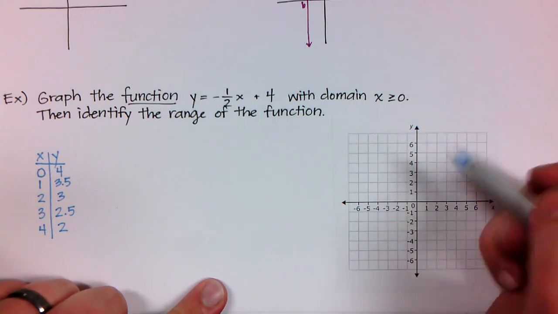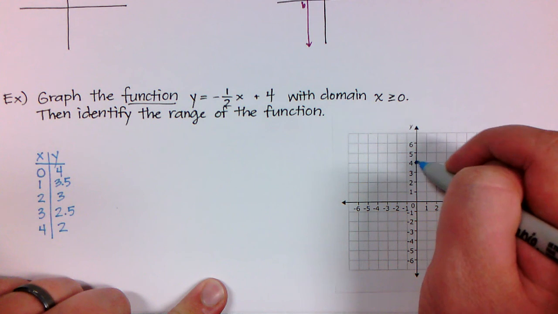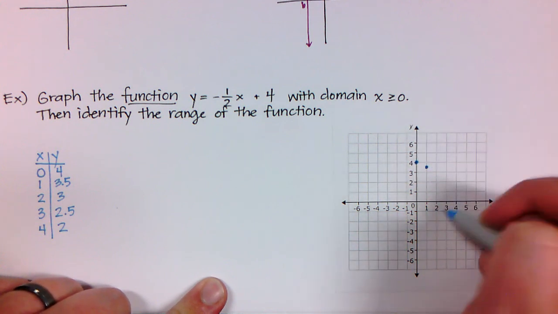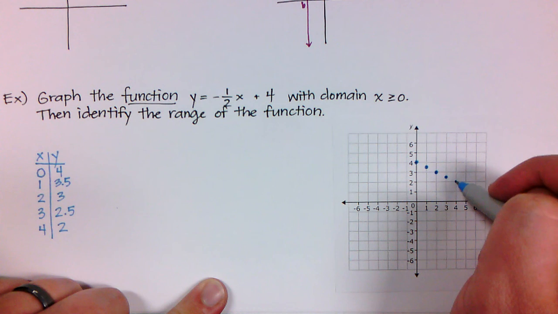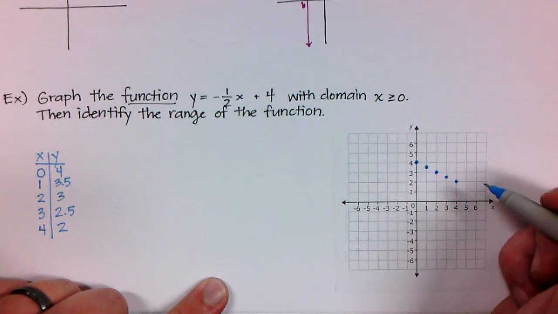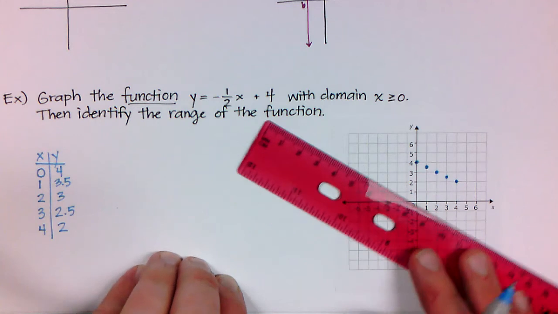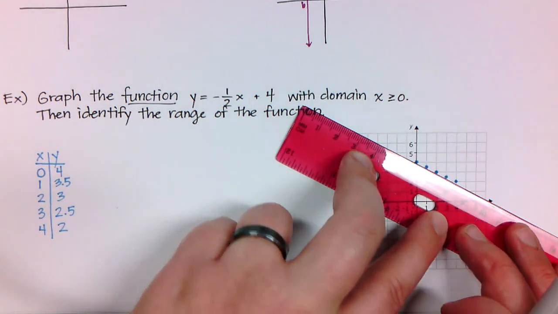Let's go ahead and plot them on the graph. 0 up to 4, 1 up to 3.5, 2 up to 3, 3 up to 2.5, and 4 up to 2. Okay. The very last thing that you need to think about, though, is how you're going to draw your line.